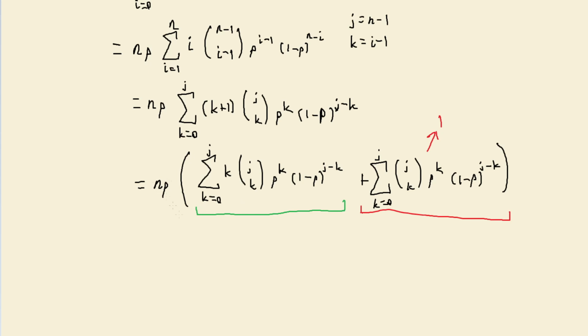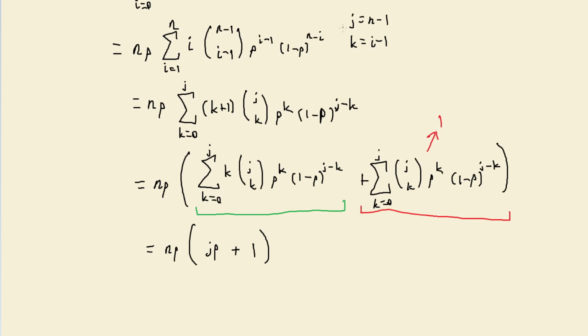It was np in our example when we indexed from i equals 0 up to n. And so the expected value here is just going to be equal to jp. You could think that if we factored out the j and the p, then this expression here would reduce to 1, and we would be left with just jp. And so this is going to give us np times jp plus 1.